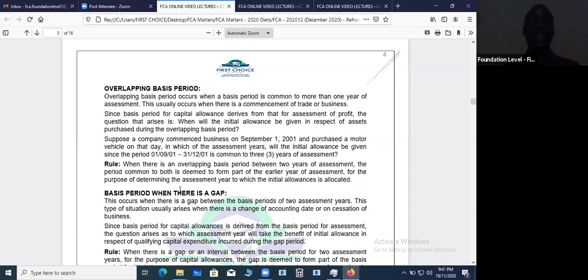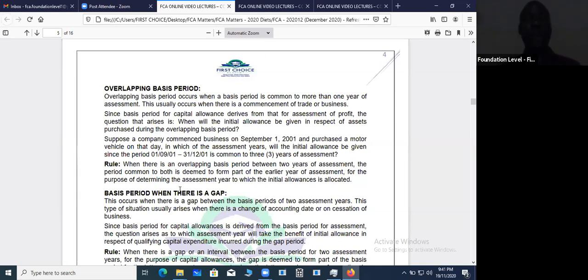2011. Now, that asset you bought on September 1 can be found in both year 1 and year 2. So the problem is, which year will you charge the initial allowance on? Because you can find that date on two basis periods. So which one of them will you give?